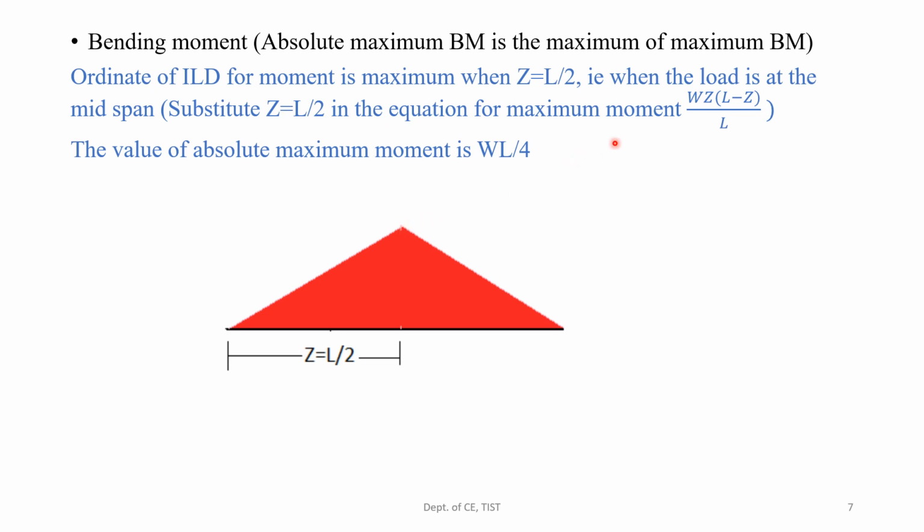Just use Z equal to L by 2 in the equation for maximum bending moment. That is W into L by 2 into (L minus L by 2) divided by L, which equals W L by 4, the value of absolute maximum bending moment for a simply supported beam with a point load moving across a span.